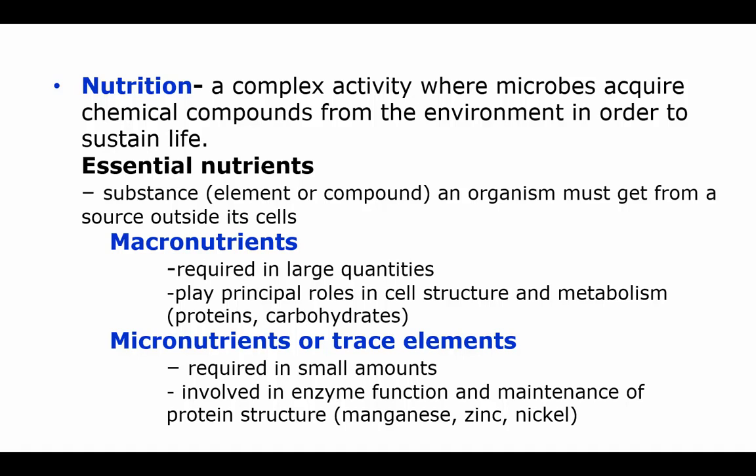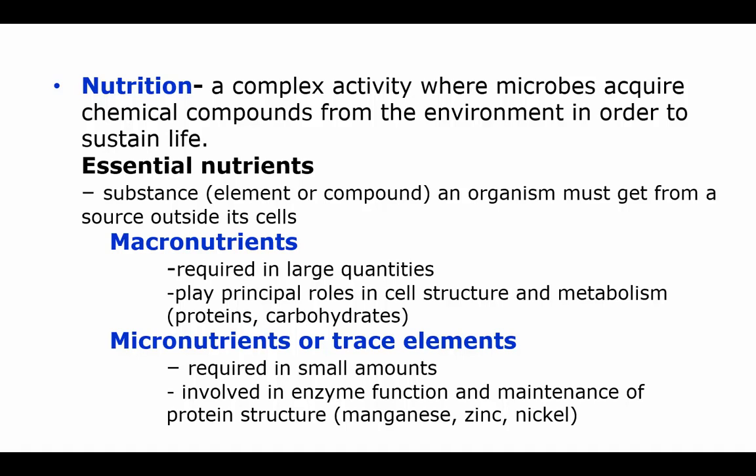And so we think about some of the most common macronutrients. Well, these are going to be a lot of those macromolecules that you talk about in biology. So proteins, carbs, we could even throw in lipids here as very, very important, and so important that you need them in large amounts just to carry out basic cell structures, basic cell functions, cellular metabolism and reactions and things like that.